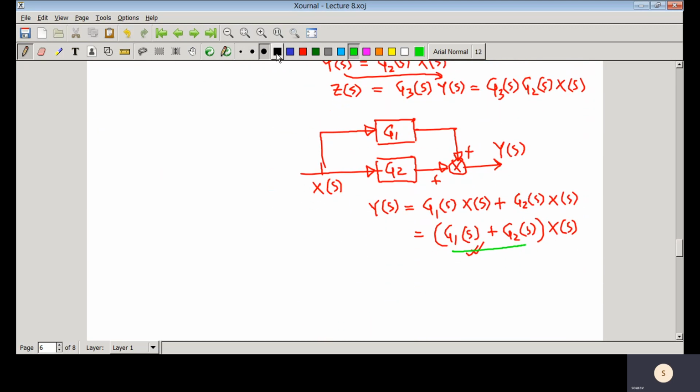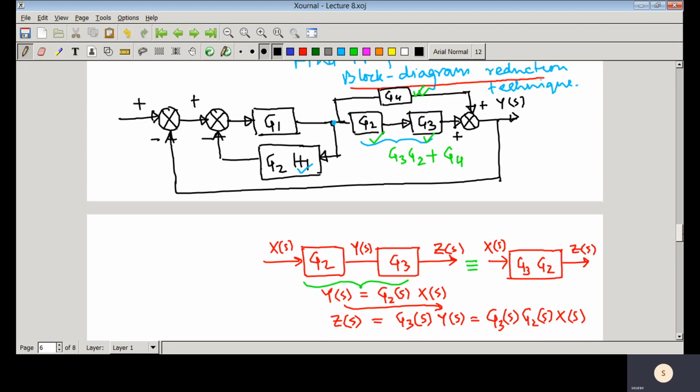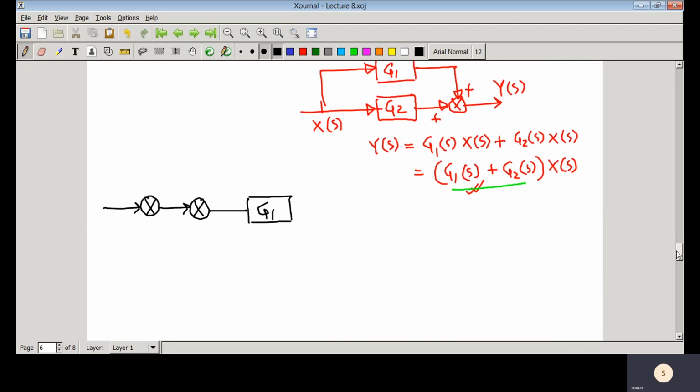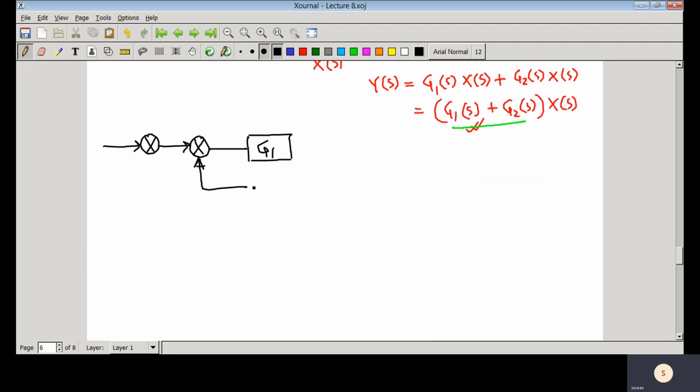Now if we draw the block diagram, you have one comparator here, another comparator here, and you have G1. This particular part G1 I keep as it is, and in the feedback you have G2 into H1, and this is the tapping point.